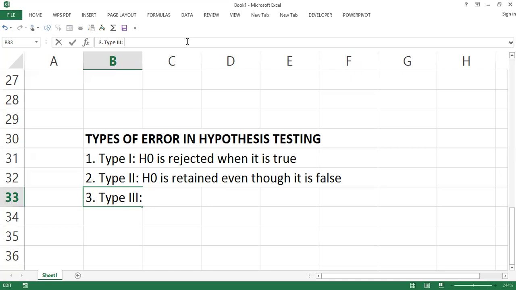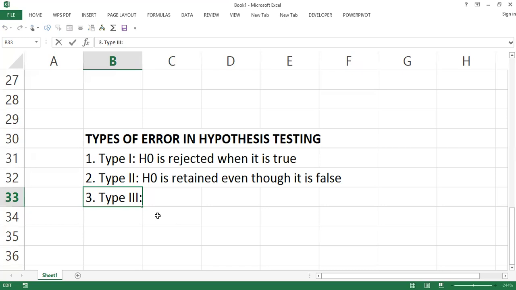If you miss the direction of the test, for example, you are doing a one-tail test instead of a two-tail test, that will be a type 3 error. You are saying something different from what you are actually supposed to say.